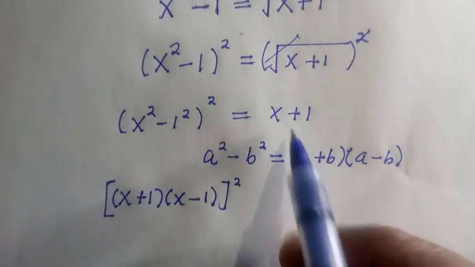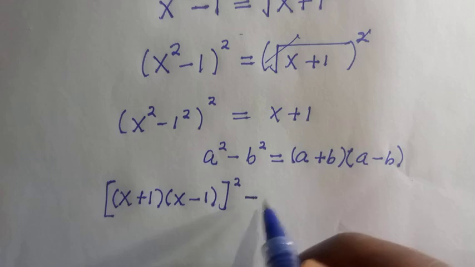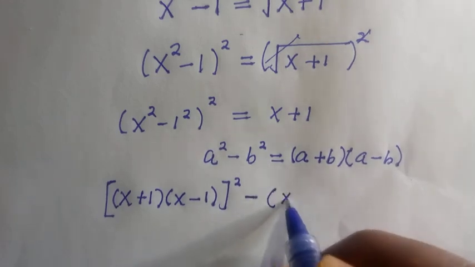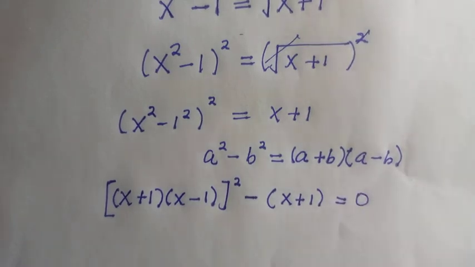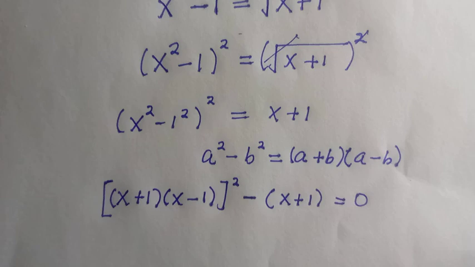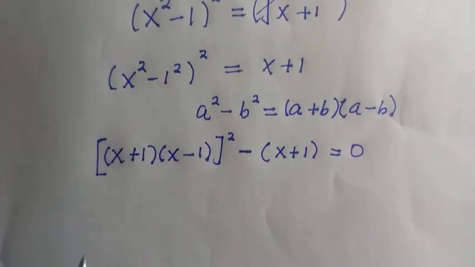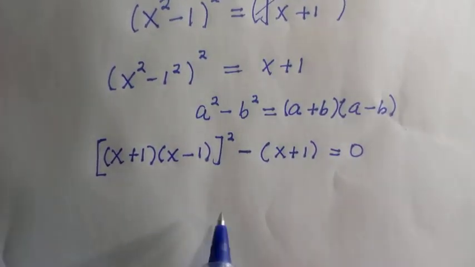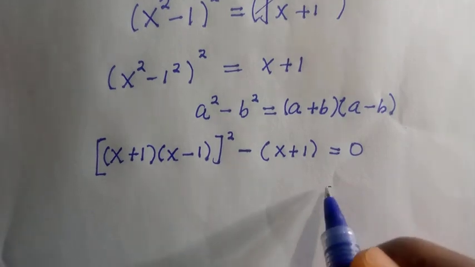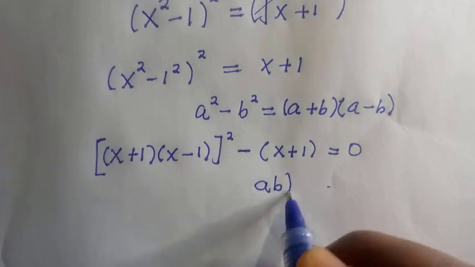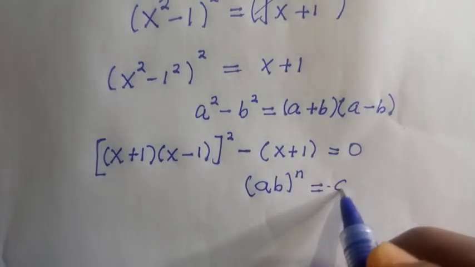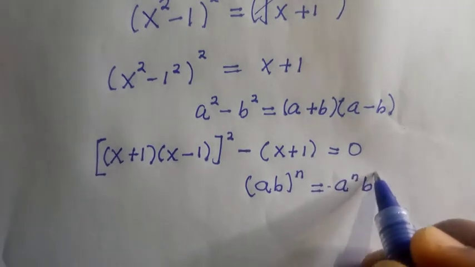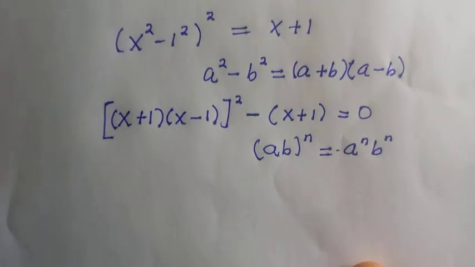Then for this x plus 1, let's take it here, so it becomes minus (x plus 1), then everything equals 0. And next, by the property of indices, (ab)^n is considered to be a^n b^n.